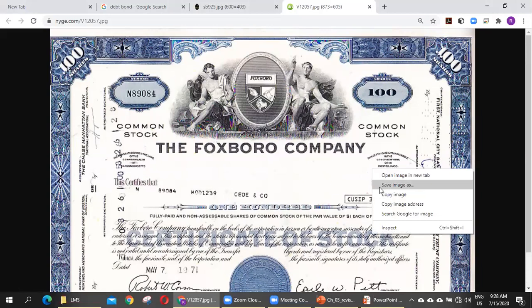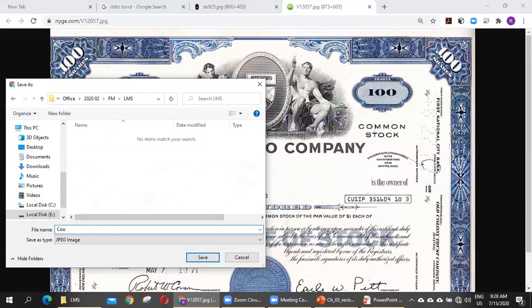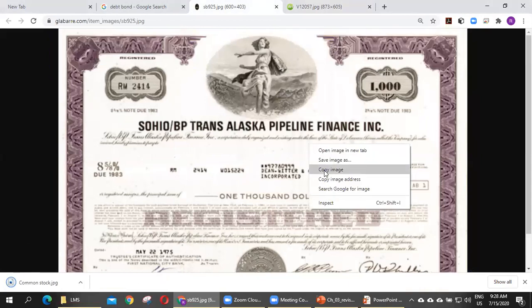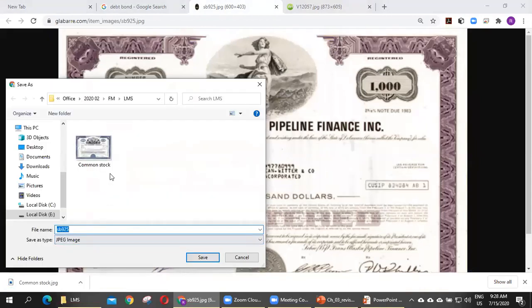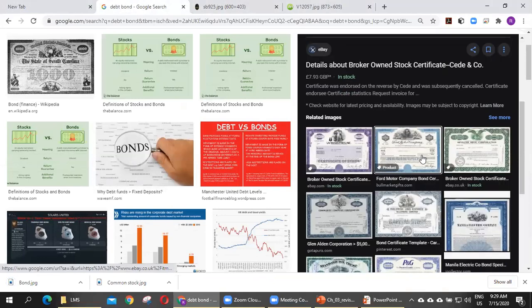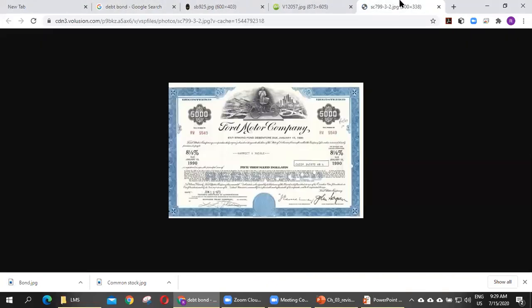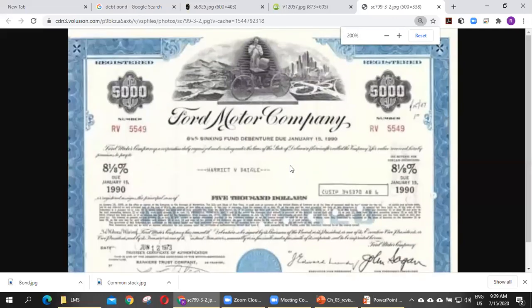So I can save this image. This is an example for a bond, and we can find another. Is this a bond or stock?